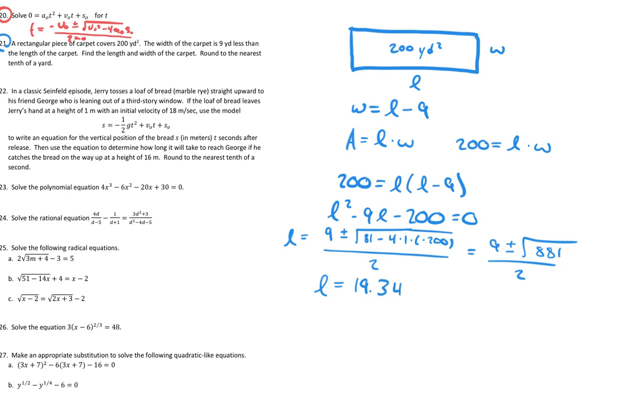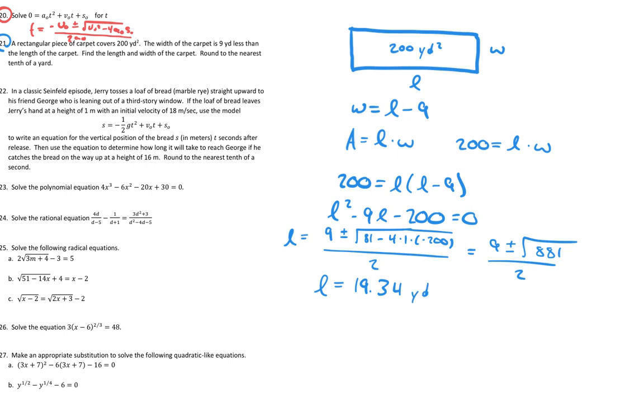The other one, we're going to subtract off the square root of 881, so our other length is negative 10.34. Because we're looking at a length, we can't have a negative amount, so we can eliminate this one from our possible solutions. So we know our length is 19.34 yards.